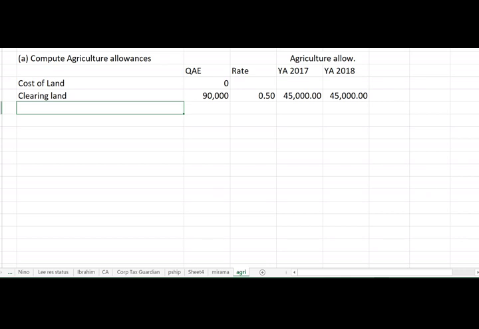Yeah. Because the cost to clear rent is given at 50.